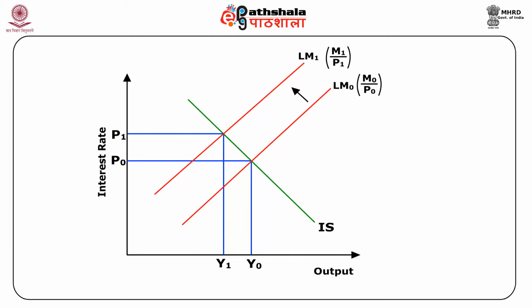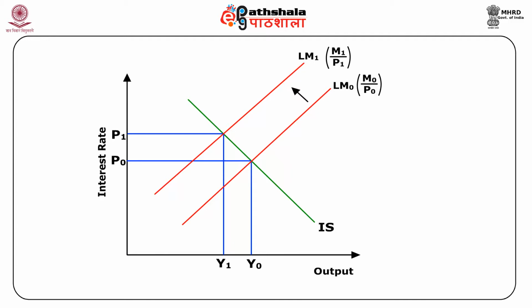As real money supply shrinks with unchanged demand for money, there is excess demand for money that leads to an increase in the interest rate. As the interest rate increases, the interest elastic components of aggregate demand, that is investment and also partly consumer expenditure, decrease, leading to a lower level of output at equilibrium.